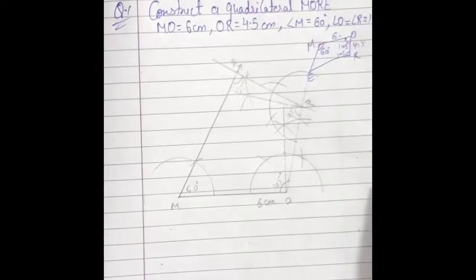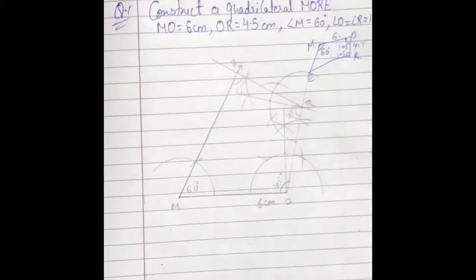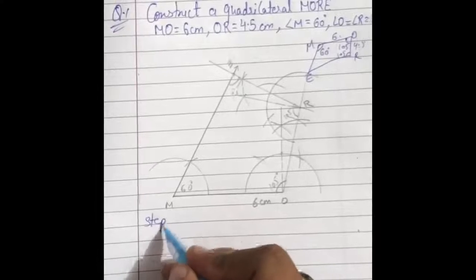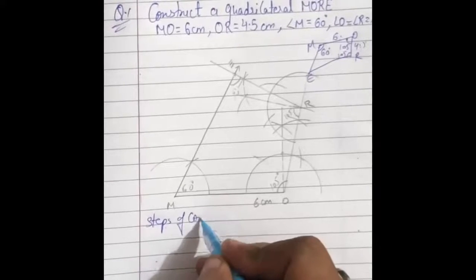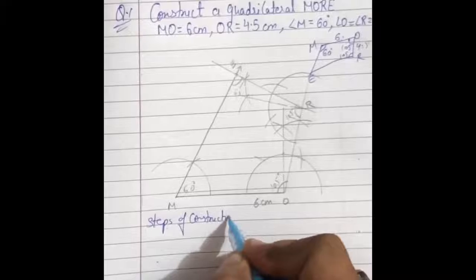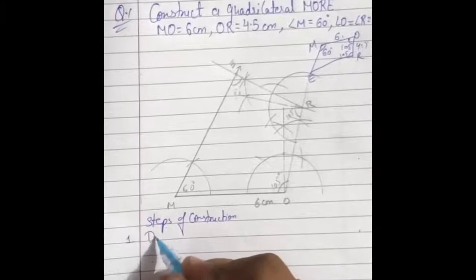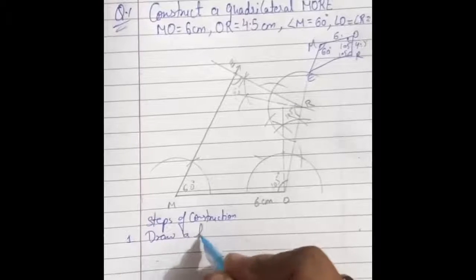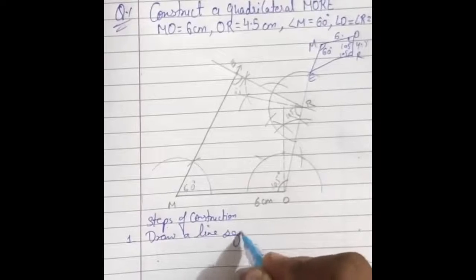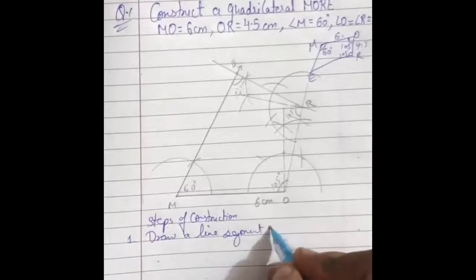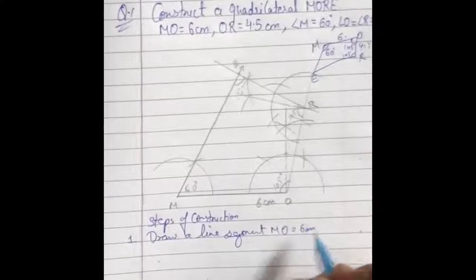Okay, so now I can write the steps of construction. Steps of construction. In first step, draw a line segment MO is equals to 6 centimeter.